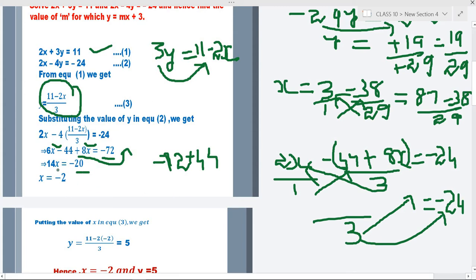And here we got 14x. So what you get? 72 plus 44 is equal to, subtract 72, then you get 20, here you'll get 8, here you'll get 2, minus 28. This is minus 28.